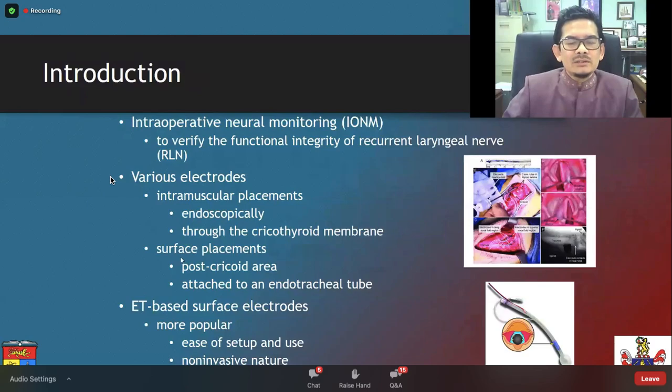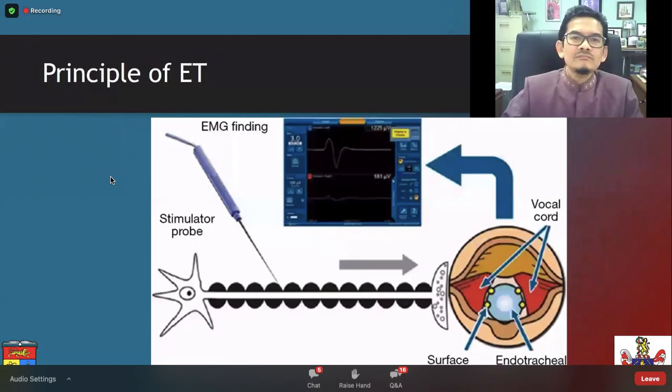But more recently, something less invasive, we use surface electrodes, placed behind the thyroid cartilage area, and more recently attached to the endotracheal tube. The endotracheal tube based electrode is very important because it is easy to set up, and it has very good contact with a large area of the vocal cord.